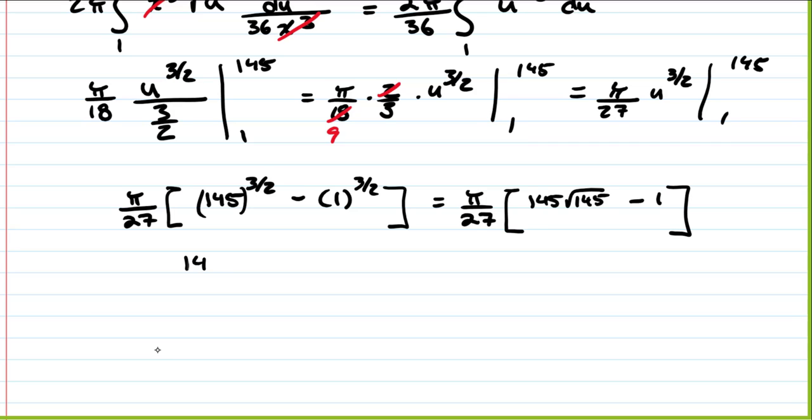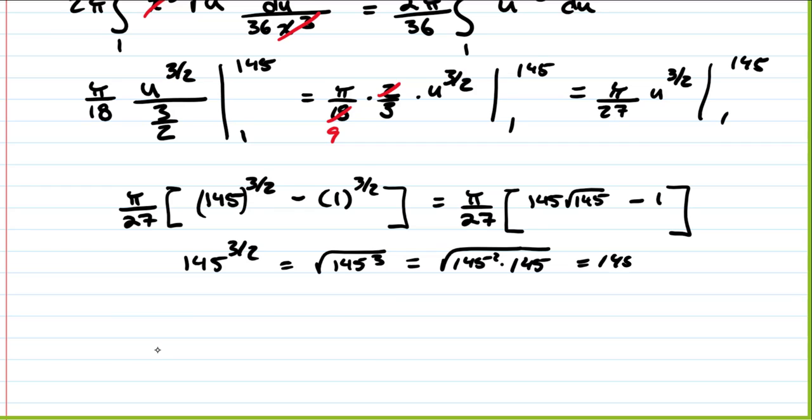So note, the 145 to the 3 halves is the same as the square root of 145 cubed, which, when we break it down, is 145 squared times 145, and the square root and the square undo each other, so 145 times the square root of 145. And that would be our exact answer for the surface area of y equals x cubed rotated about the x-axis between 0 and 2.